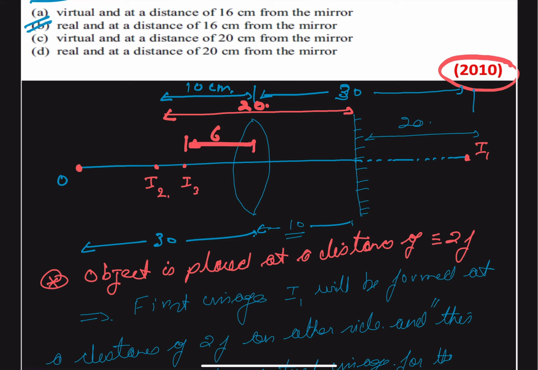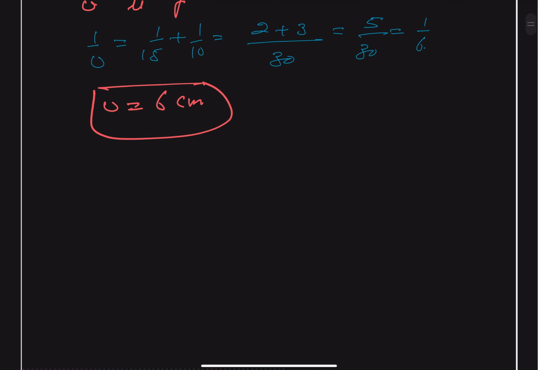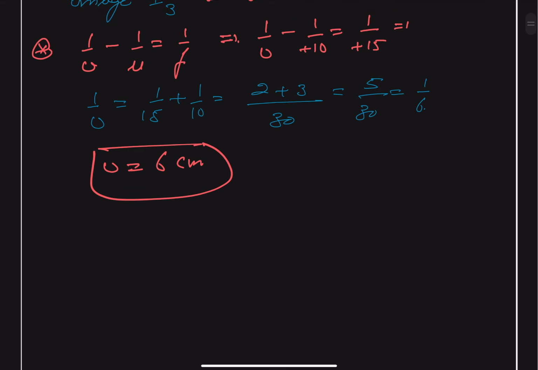But in the question, all the options are with respect to the mirror. So therefore, from the mirror, we can clearly see that this distance will be our 16. It says from the lens.